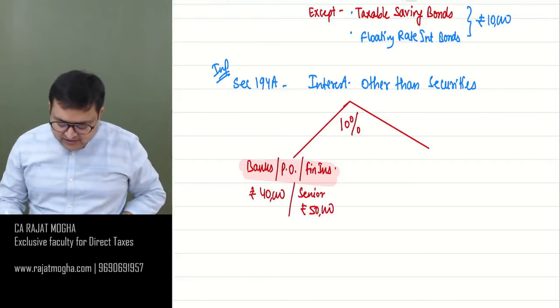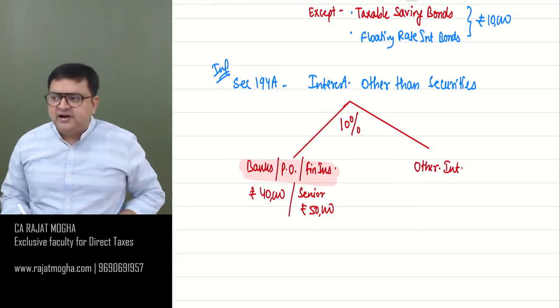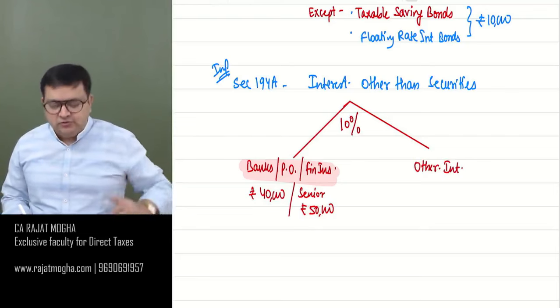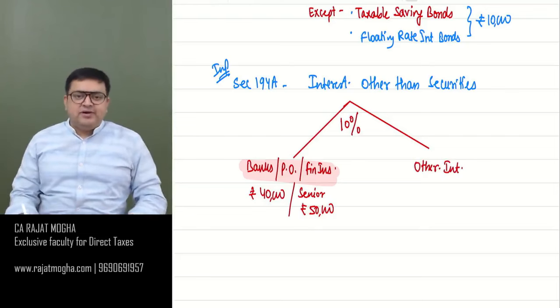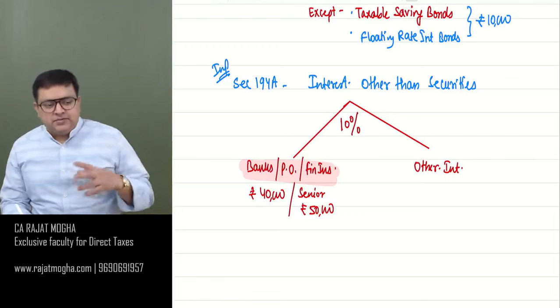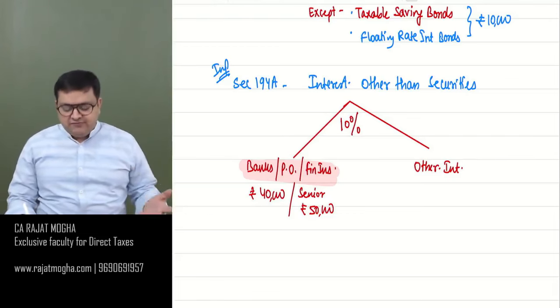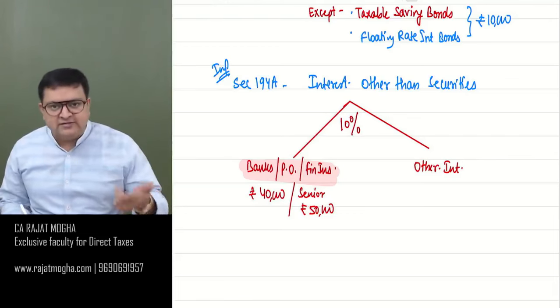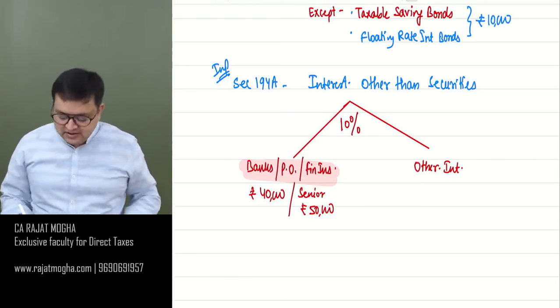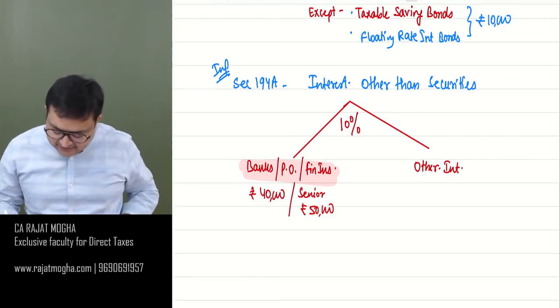And if you are getting other interest, what is other interest? You might have given a loan to someone, or any other interest which you are not getting from securities, and it is not from banks, financial institutions. Then the threshold limit is 5,000.